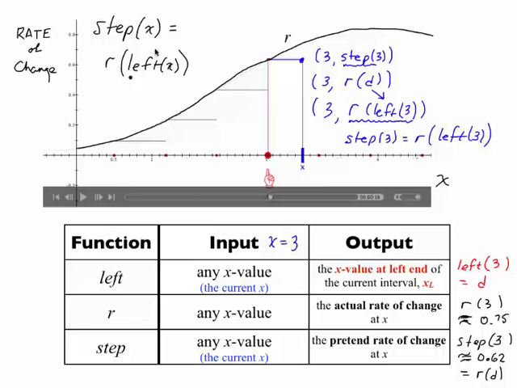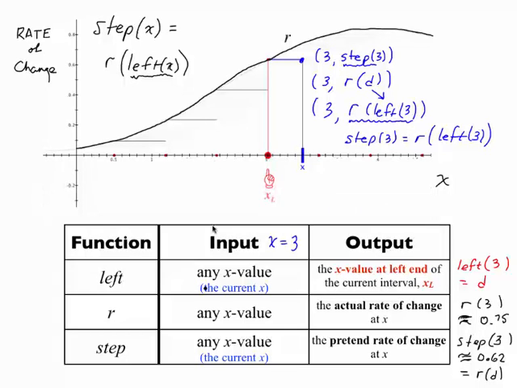So what made that possible? This kind of complex formula for left x. As x moves through the intervals, left x stays constant through the whole interval, and then when you move into the next interval, left x changes to the left side of the new interval.